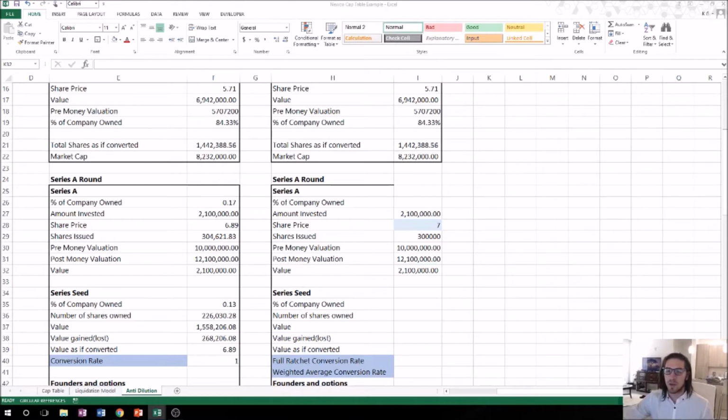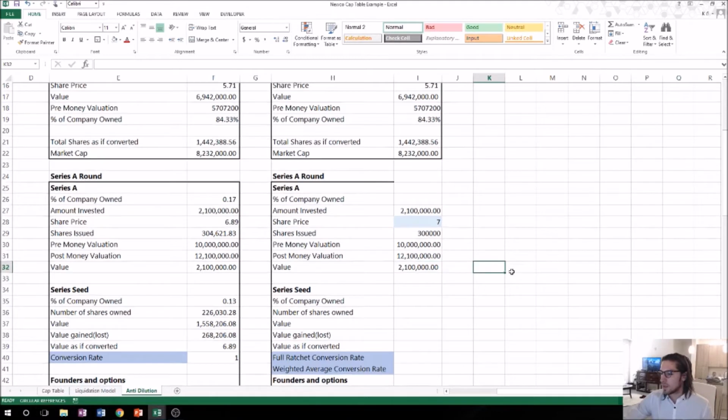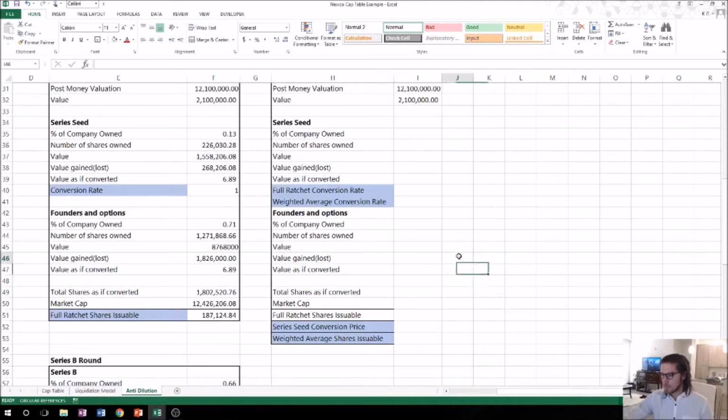After we do that, we're going to go over a little bit, come down here, somewhere around right here, and copy and paste. You can match what I put in to calculate the conversion price for the weighted average method.